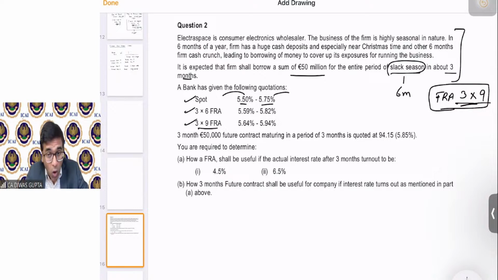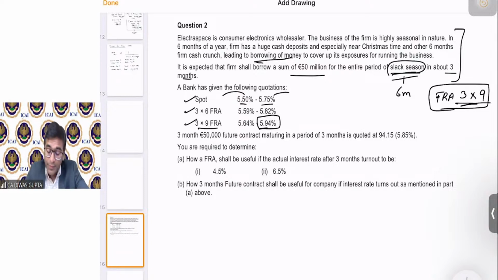I have to take a long position in FRA because I'm talking about slack season, and slack season is when I need to borrow. Correct? The question has specified that. So I have a relevant rate of 5.94%. Because I will borrow through the 3 by 9 FRA at the rate of 5.94 percent, students. Agreed? So this analysis is clear.